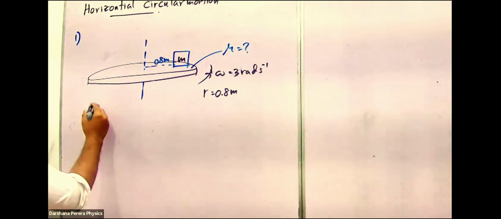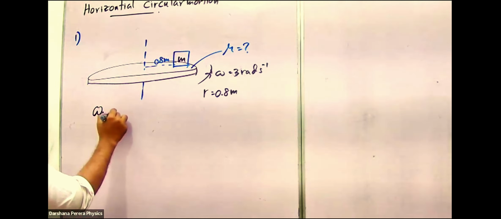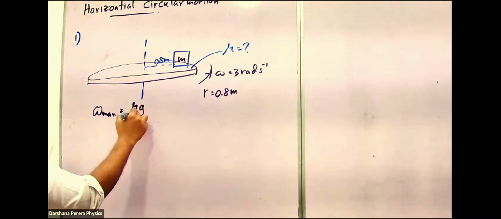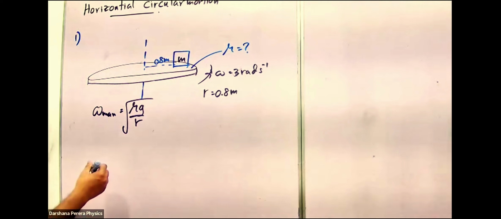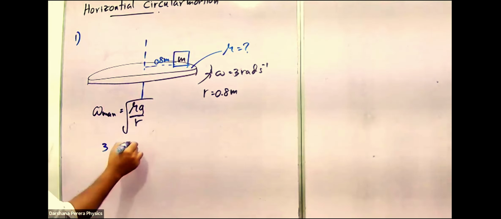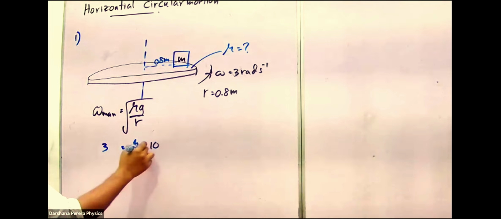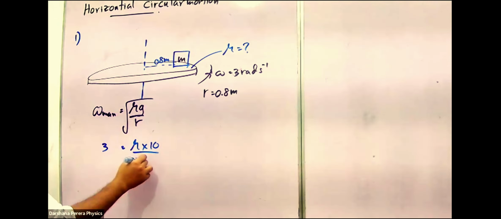For this case, we can find it by substituting into the equation, but we have to know how to derive the equation. Omega max equals the root of mu g over r, which we derived previously. Omega maximum equals 3 radians per second, g means 10, r means 0.8.